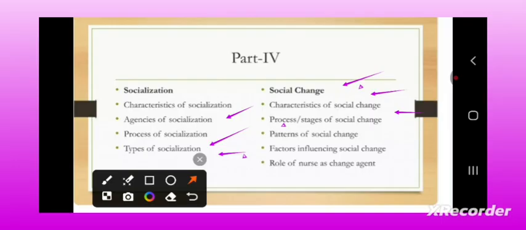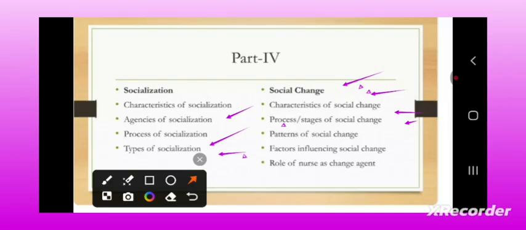Movement or change: implementing the new patterns, technologies, or ideas. Refreezing: stabilizing the change and integrating the new patterns into the social structure, making them the new norm. So, the process or stages of social change are unfreezing, movement or change, and refreezing. This is three points. Patterns of social change.